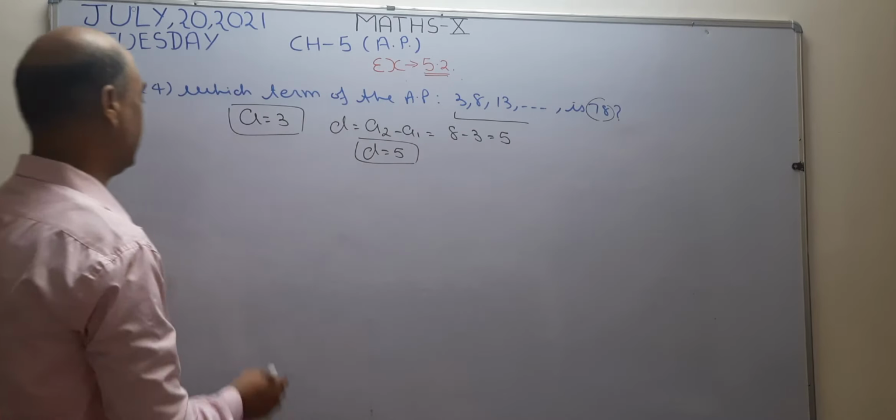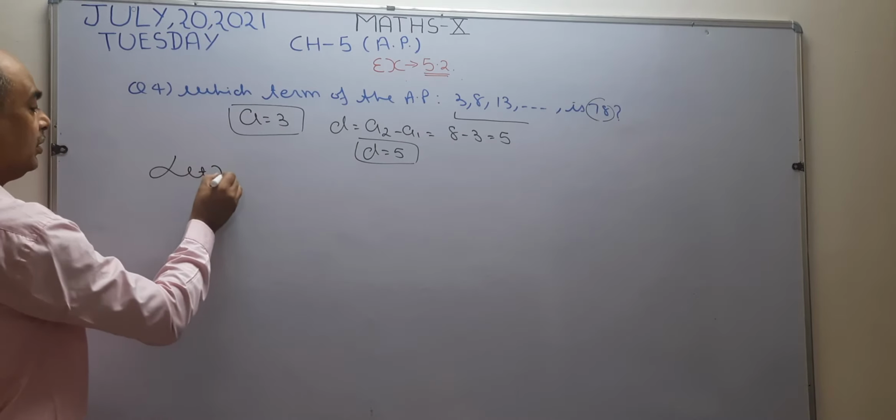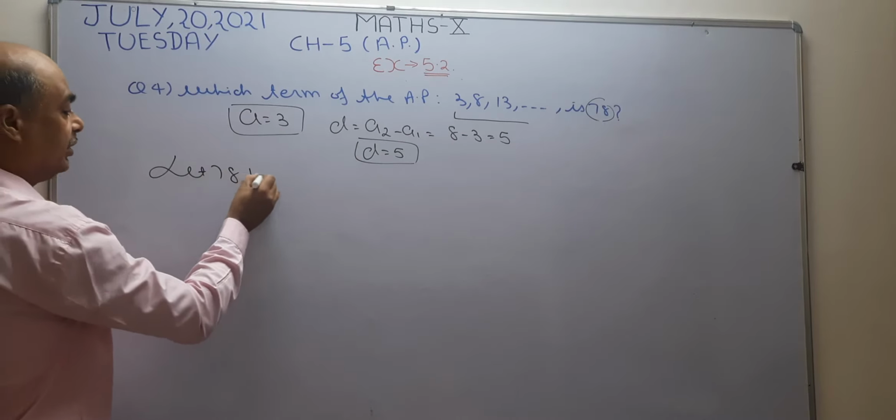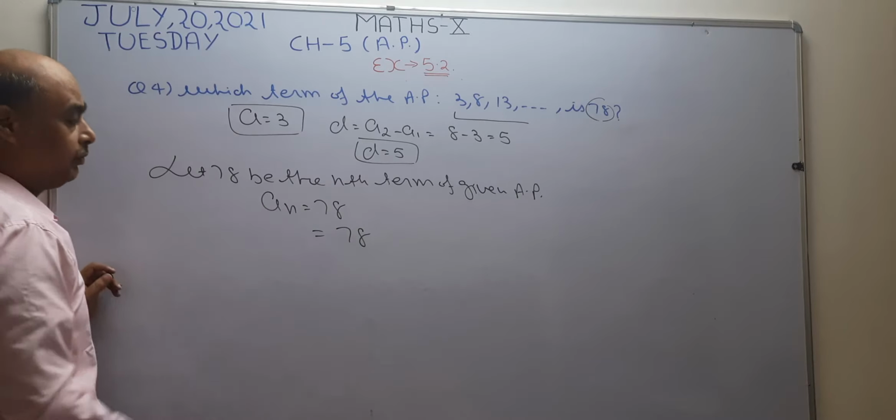So, you have to write here, let 78 be the nth term of the given AP. If it is the nth term of the AP, it becomes A_n equal to 78. 78 is a constant value, so this is going to remain the same.